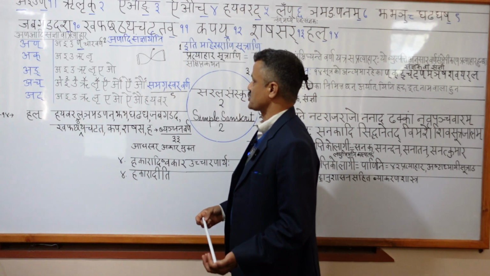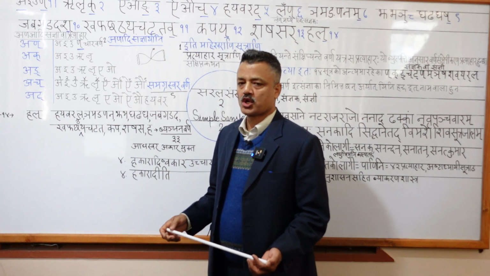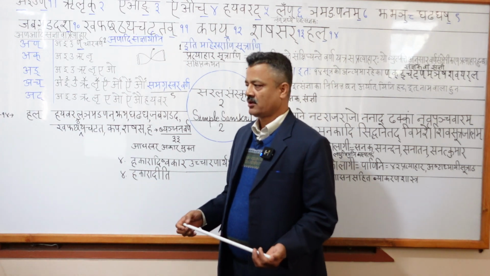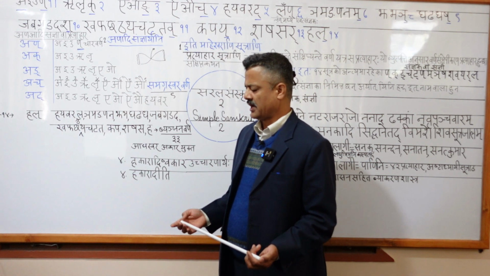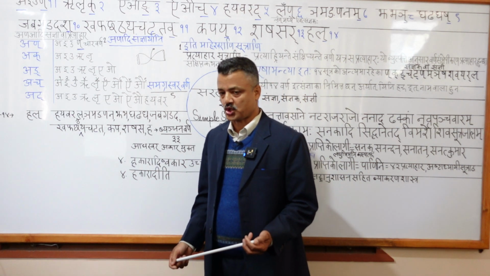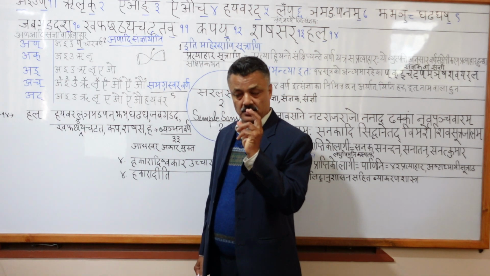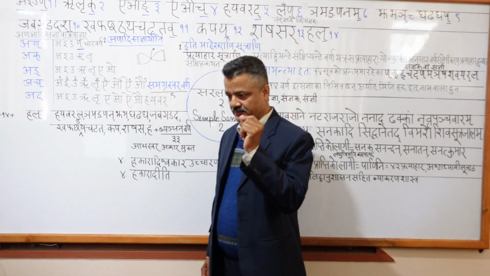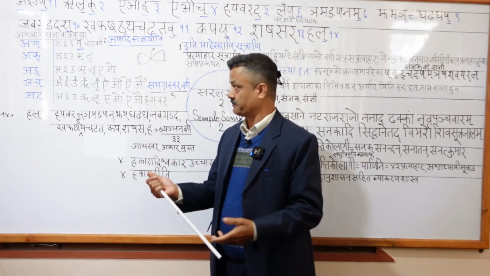What is the purpose of these 14 formulas or sutras or theories or conceits or aphorisms? I don't know exactly what to say in English. I don't know the exact word for sutra. Sutra is, let's say, an aphoristic phrase or a statement that can be expanded to make a lot of meaning.